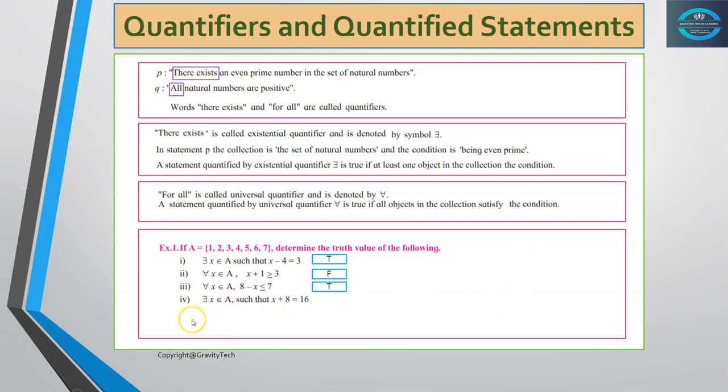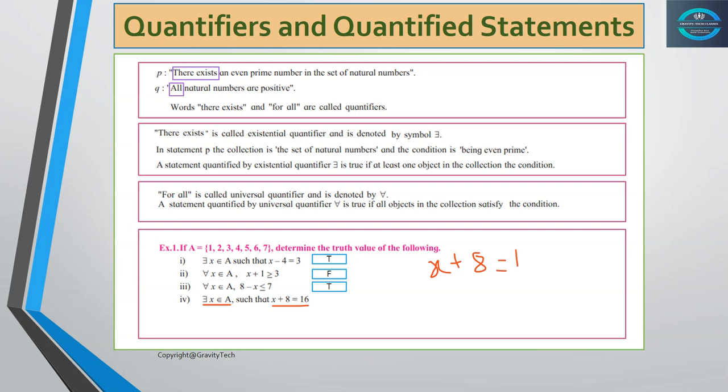Now let's look at the next. They are saying there exists x in a. इसमें ऐसा एक तो एलिमेंट है such that x plus 8 is equal to 16. इसको सॉल्व करके देखते हैं. x plus 8 is equal to 16, correct.